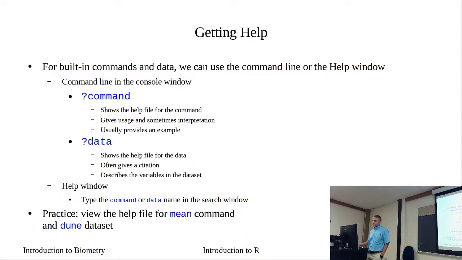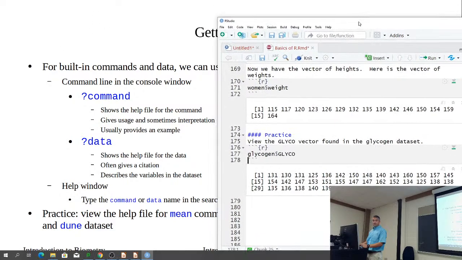So check it out. What happens if you need help? For any of the commands, there's a couple different ways to do this. The way that I learned, and it's still just a bad habit for me, is to type a question mark and then the name of the command. It works the same way with the data frame. You type the question mark and the name of that data frame.